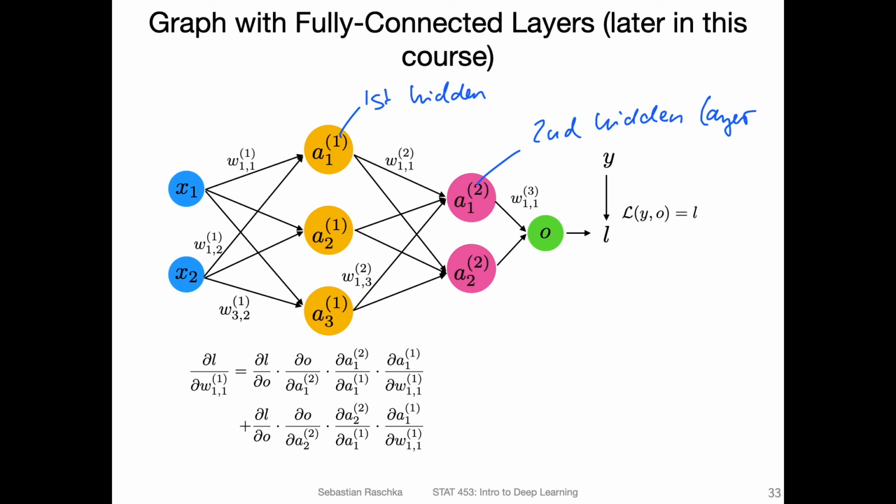Let's say we are interested here in computing the derivative of the loss with respect to this weight here, W11, in the first hidden layer. So in order to do that, we compute the loss, but then also the derivative of the loss with respect to the output. That would be this part here. And then we go here, this would be this part, and then we go here, which would be this part.